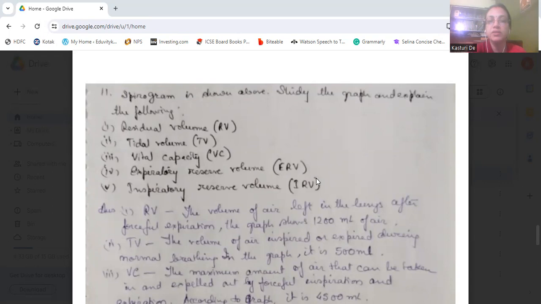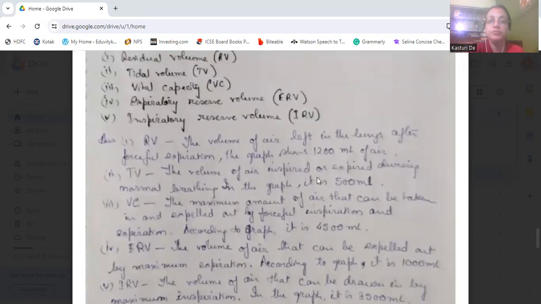Now let us see what the question is about this graph. This is a spirogram. We need to find the residual volume, tidal volume, vital capacity, expiratory reserve volume, and inspiratory reserve volume.